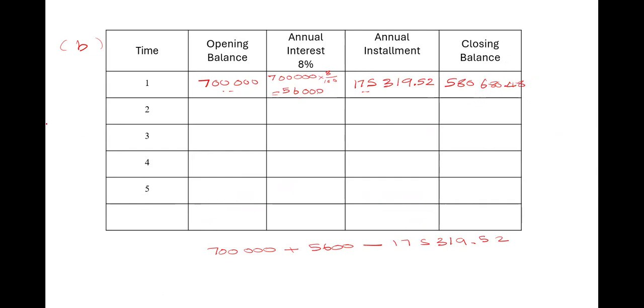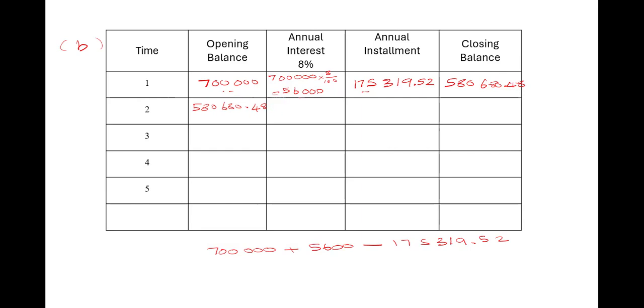Then what is the opening balance of the second year? Same. And this should be 580,680.48.